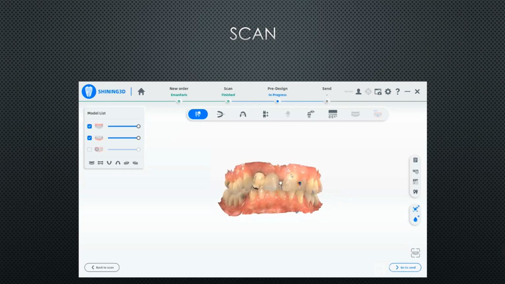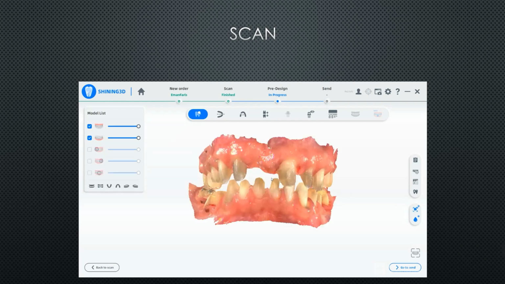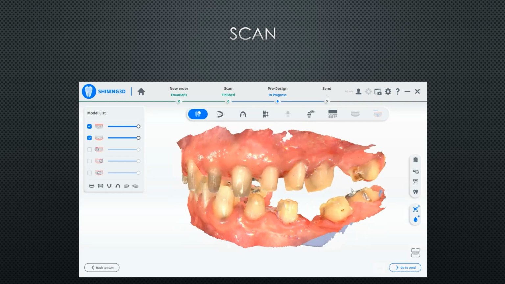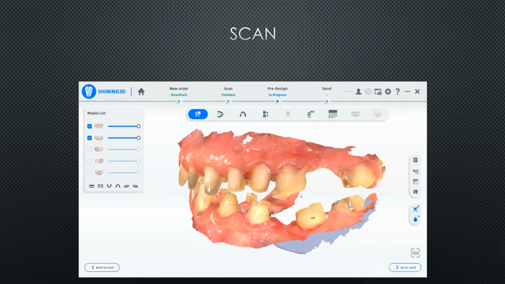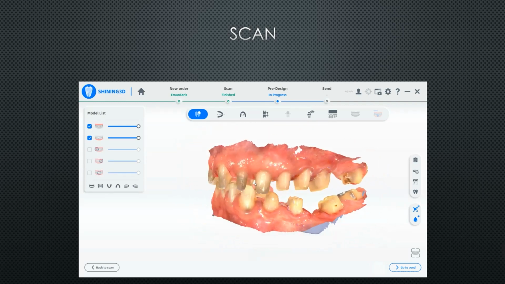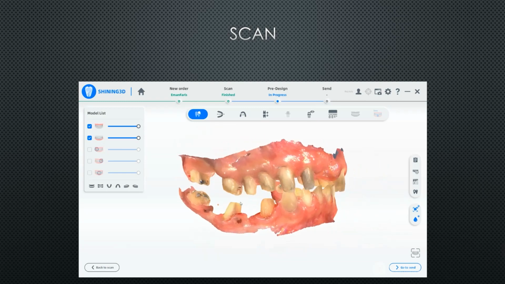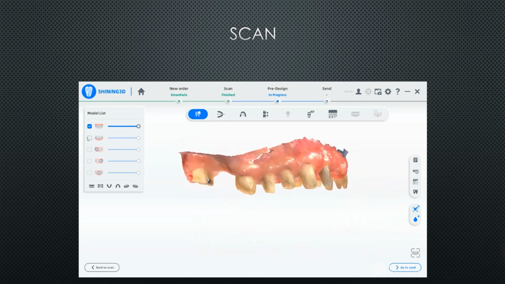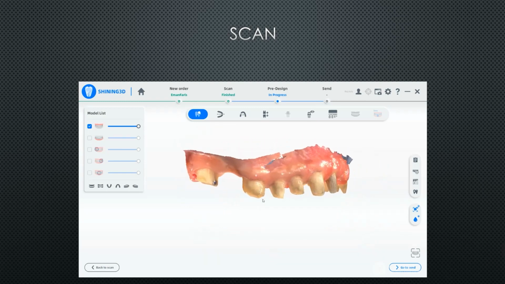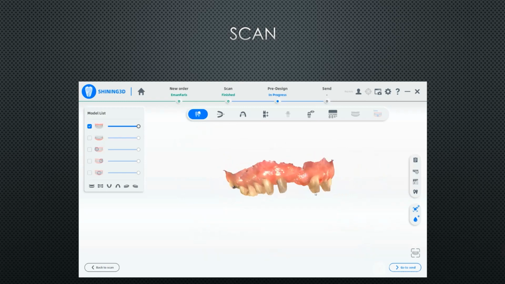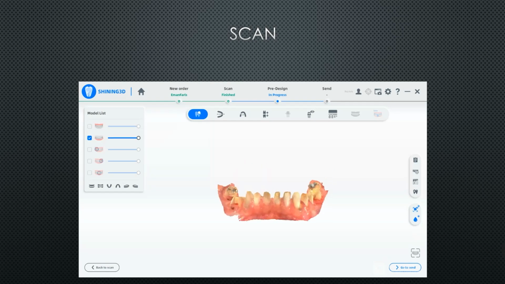This is after we started working. If you stop the video here, you see we made the preparation. I could make the curve of Spee normal by reducing more, but this would affect the retention and resistance form of the fixed prosthesis, and we need some space for the zirconia. As we know, when we prepare the teeth, it's proportional.